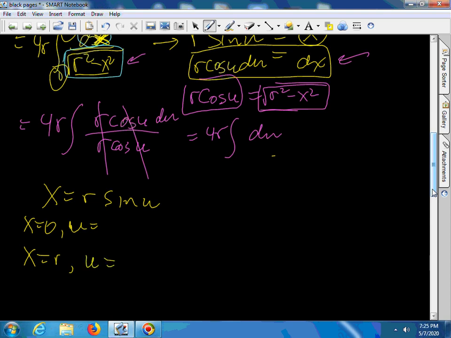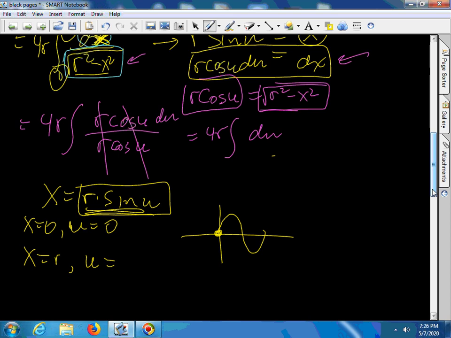Well, if x is 0, that means sine of u is 0, which happens at 0. Now, when x is r, that means r times sine u is r, so sine u must be 1. That happens at pi over 2. So u is pi over 2. So we go from 0 to pi over 2.